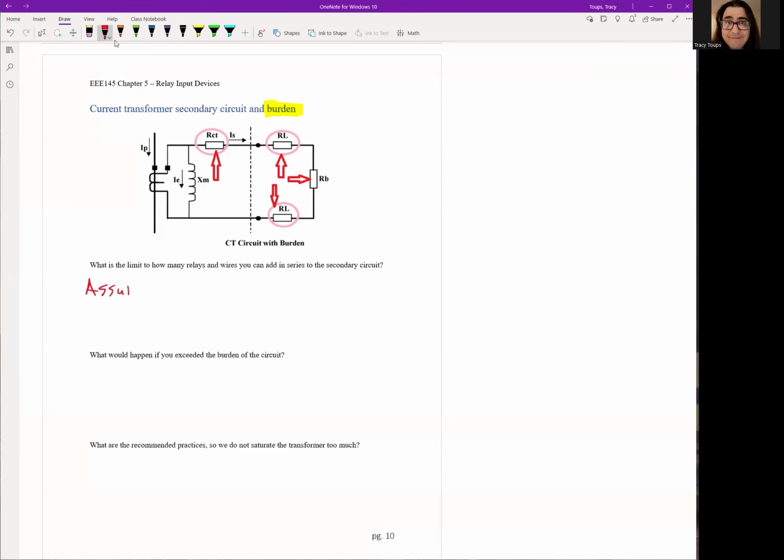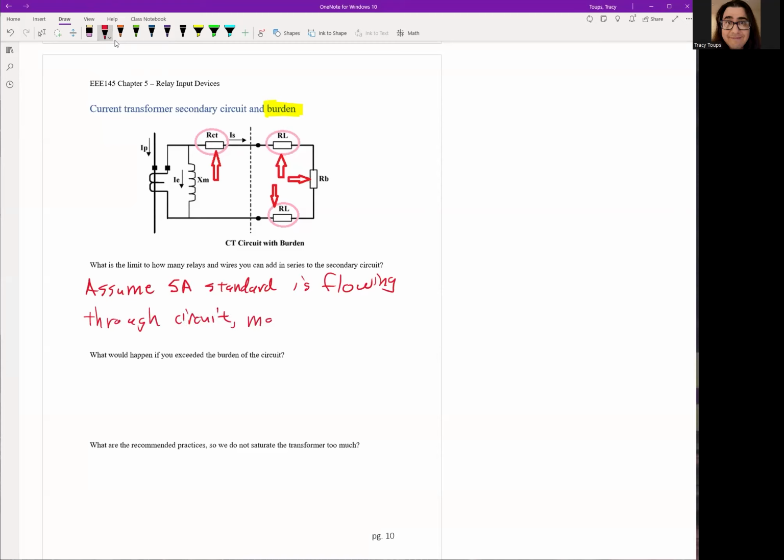So we assume 5 amps standard is flowing through the circuit, and we want to make sure we do not overload it.